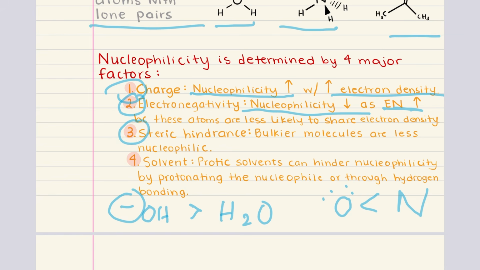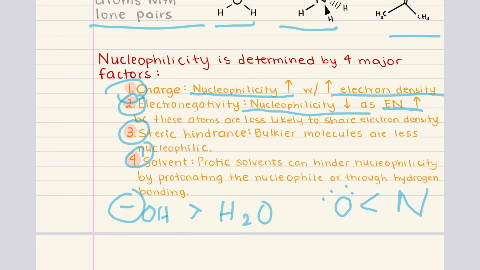Third, steric hindrance reduces nucleophilicity. Bulkier nucleophiles have more difficulty accessing the electrophilic center, making them less reactive. And then finally, solvent effects can also have an influence on nucleophilicity.